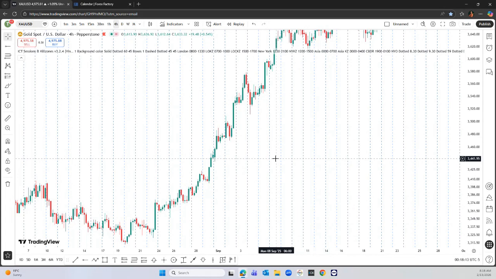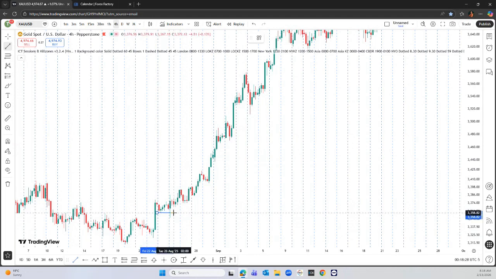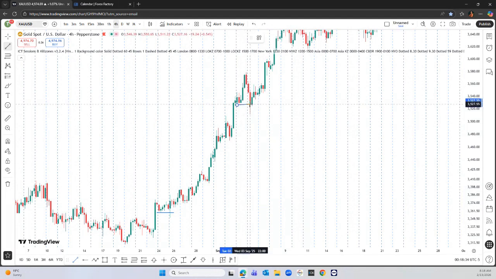There is also the aspect of liquidity sweep before expansion. We have to see liquidity being swept before expansion. Around this particular point, when the price retraces here, we see liquidity being swept, and then the price expands.